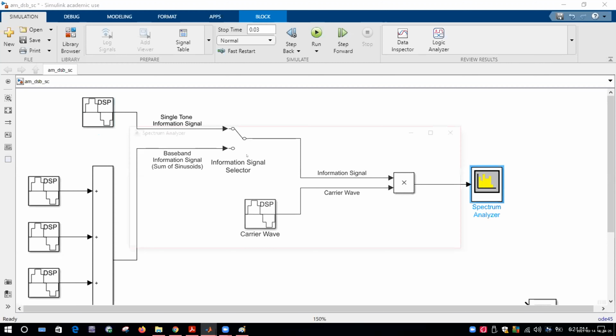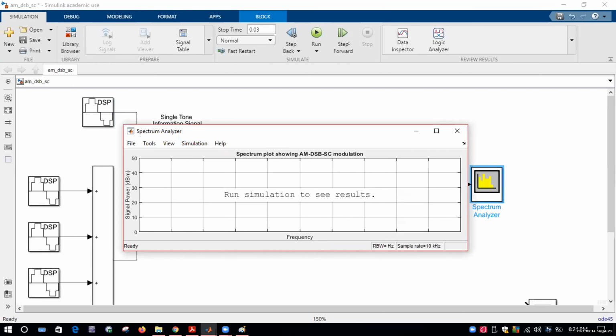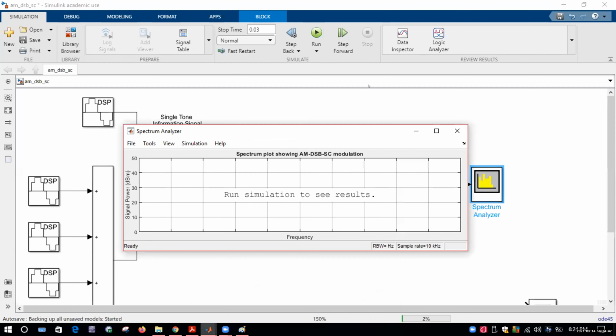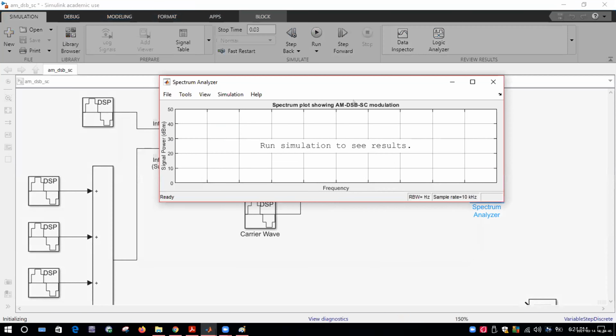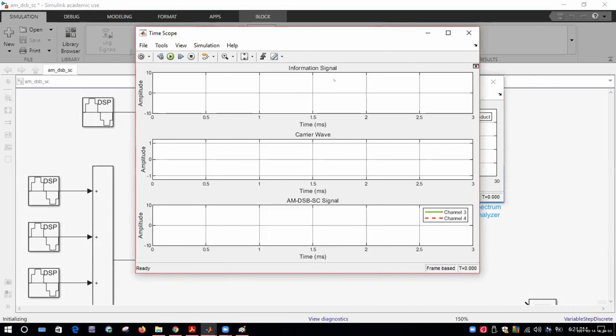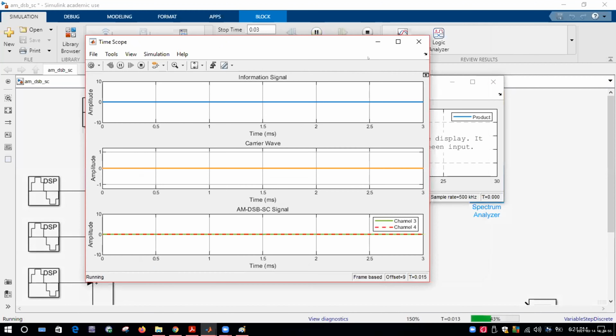Let's see. Now look, if I run this, let's click simulate. Let's see what we see. Did I click run or no? Now it's simulating. Please wait, it says initializing, you see? Here there will be no output because I removed all these.